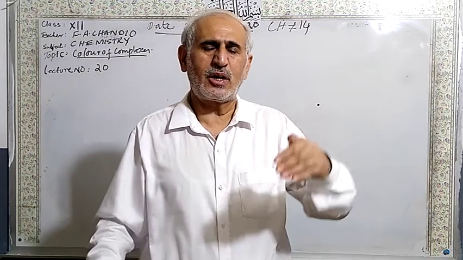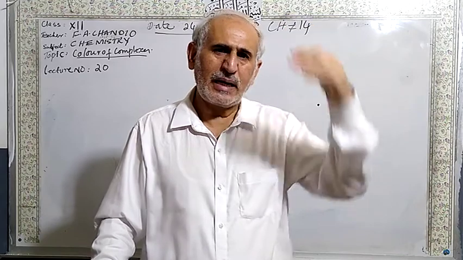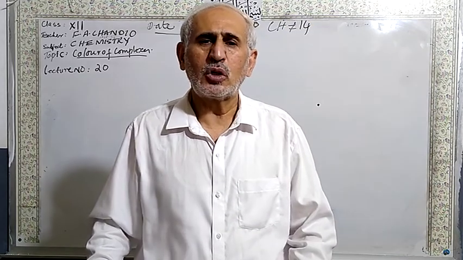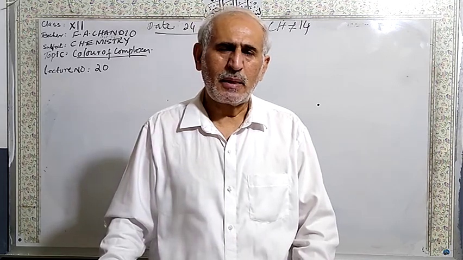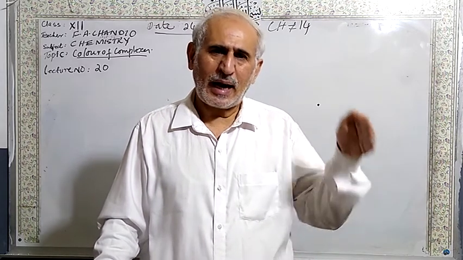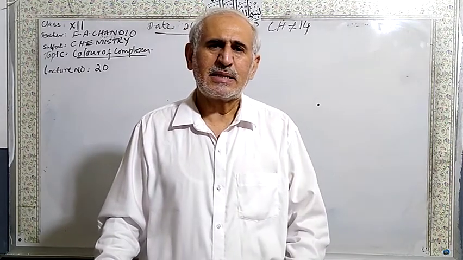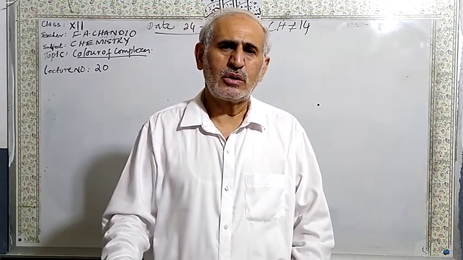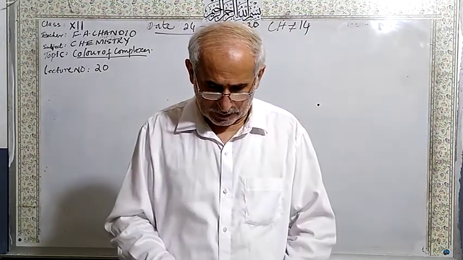Means one has a lower energy d orbital group and the other has a higher energy d orbital group. So we have 2 groups.